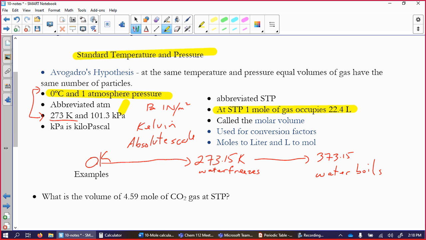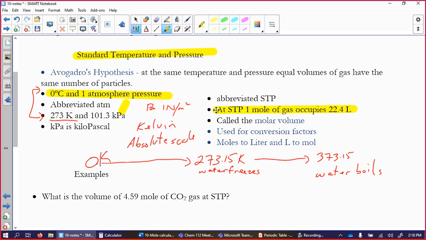So think of if you had 11 and a bit pop bottles, and it was 0 degrees out and the pressure was great, and you filled them all up with air, you would have 1 mole of air. We call it a molar volume.